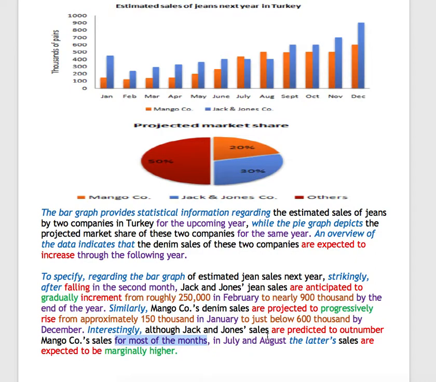In July and August, the latters, remember we said the former Jack and Jones, the latter Mango Co.'s in this sentence, are expected to be marginally higher in July and August, right here. We don't need to say the figures, just in this case, but we should say figures most of the time. Okay, so you see, I talked about Mango, Jack and Jones, and then something interesting throughout the years. That was that.